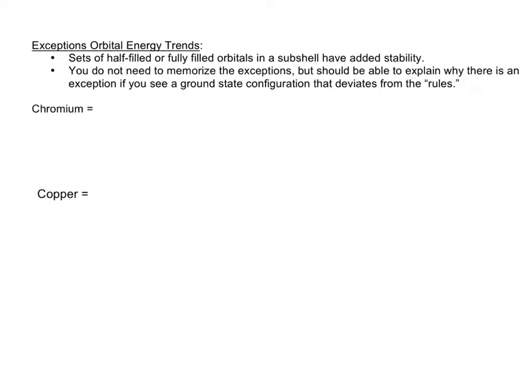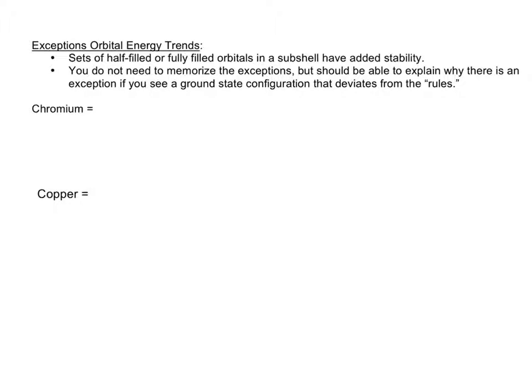Now, most of the elements that we're going to work with follow all of the rules that we learned previously in chemistry and the ones you reviewed previously in this class. But I do want to mention an exception that happens because elements tend to be more stable if their orbitals are either half filled or fully filled.